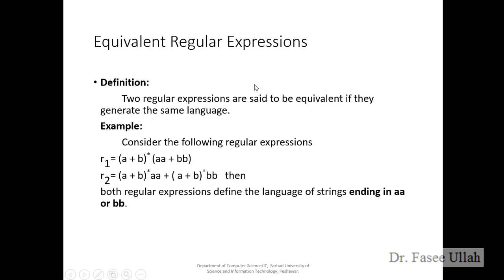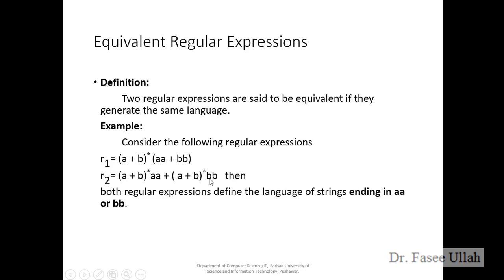Equivalent regular expressions: what is an equivalent regular expression? Two regular expressions are said to be equivalent if they generate the same language. For example, R1 is equal to a plus b whole star, and R2 is a plus b whole star followed by bb. If we look at both R1 and R2, they end in a or b in both languages.